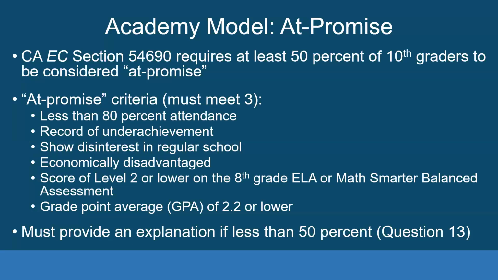And so our goal is really to recruit half of our 10th grade students as at-promise students and move them out of that at-promise status by the 11th grade. And that happens because they're feeling connected, right? They're in a cohort. They're feeling connected to their peers and their teachers because they're in a smaller learning community.